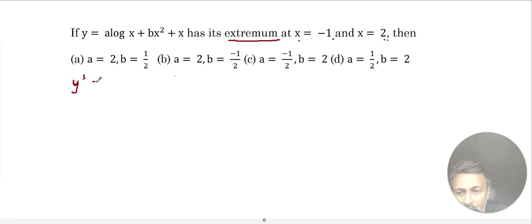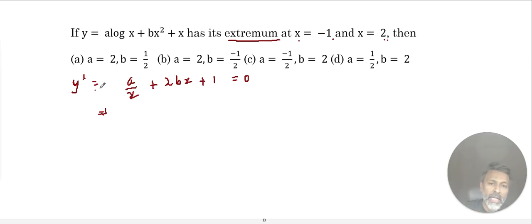We take the derivative: y' is equal to a upon x, the log x derivative, plus 2bx plus the x derivative, which is 1, and we equate it to 0. Unlike the earlier sums where you have to find x, we have been given x. That's how you will be able to get a and b. Let's substitute x as -1.